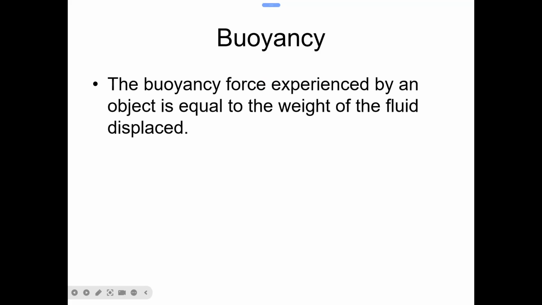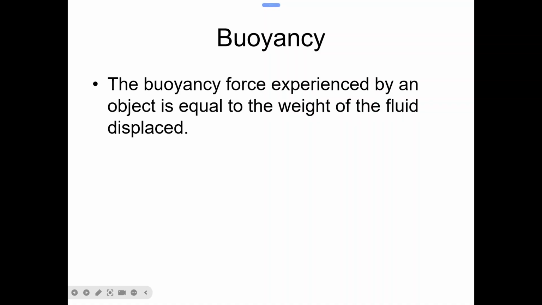Okay, so the buoyancy force experienced by an object is equal to the weight of the fluid displaced. Interesting. So that means the weight of the water you displace is equal to the buoyancy that this object experiences.